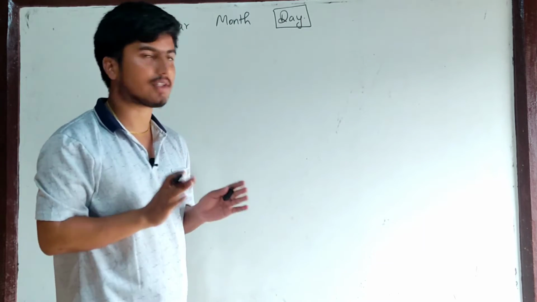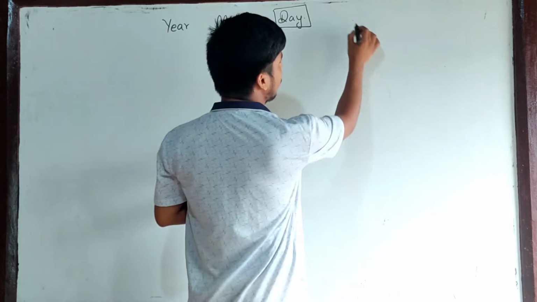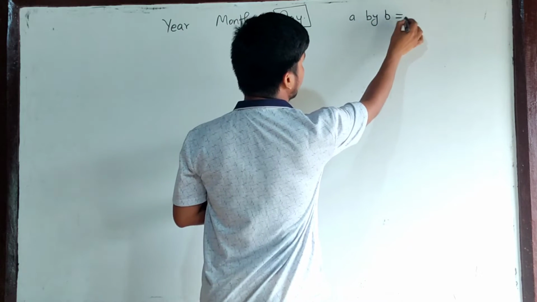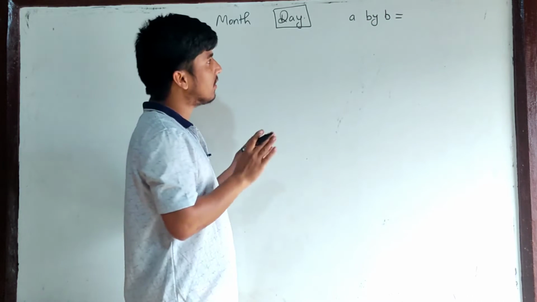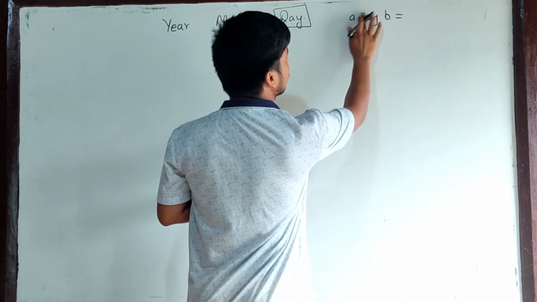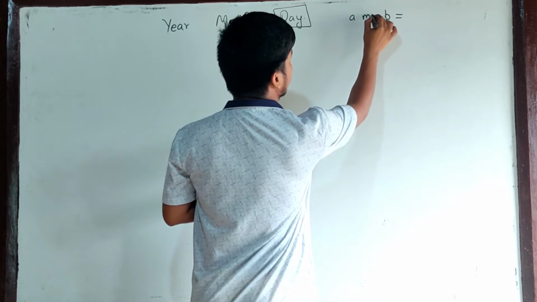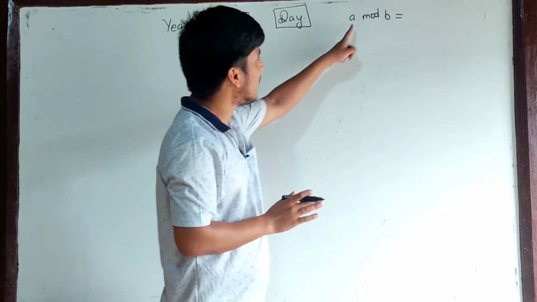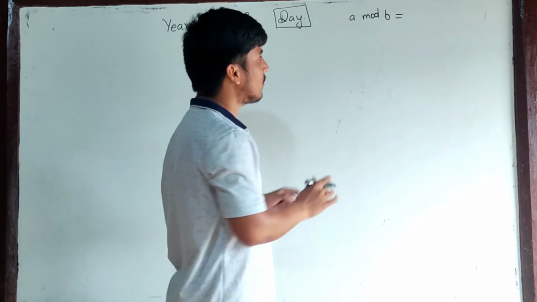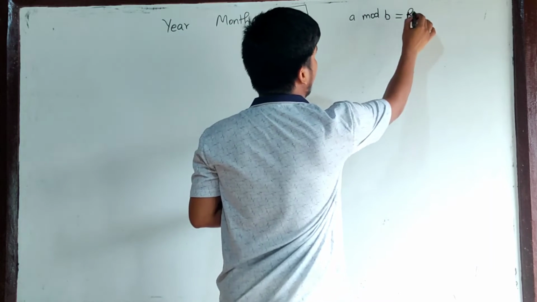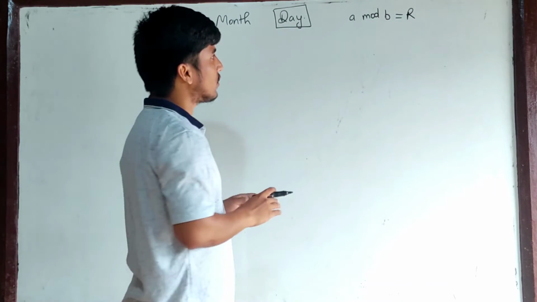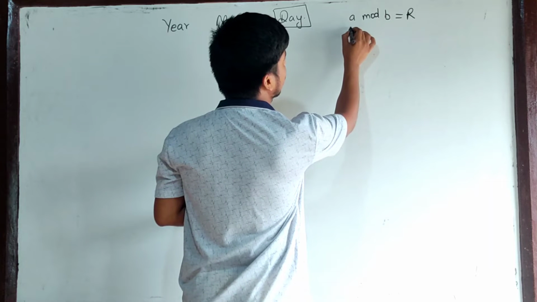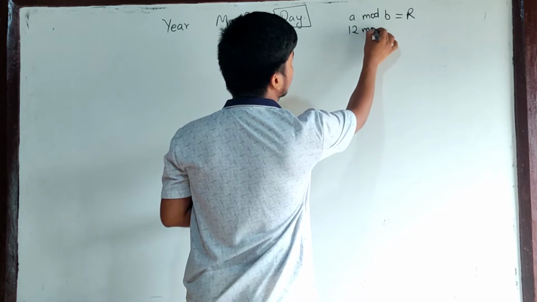By modular division I mean that if I am modular dividing A by B, then A mod B will give me the remainder R when A is divided by B. So let's suppose we have 12 mod 7.